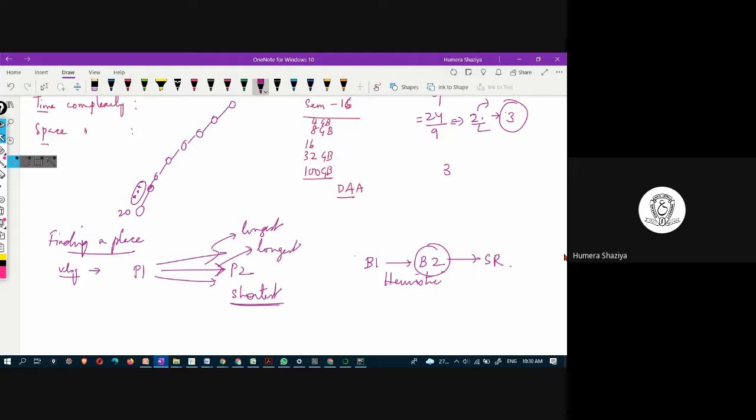However, having said that, there is one problem also. Suppose this blogger 1 is making a prank with blogger 2 and does not give the right shortest path and gives the longest route, then what happens? Even then the heuristic does not help blogger 2.